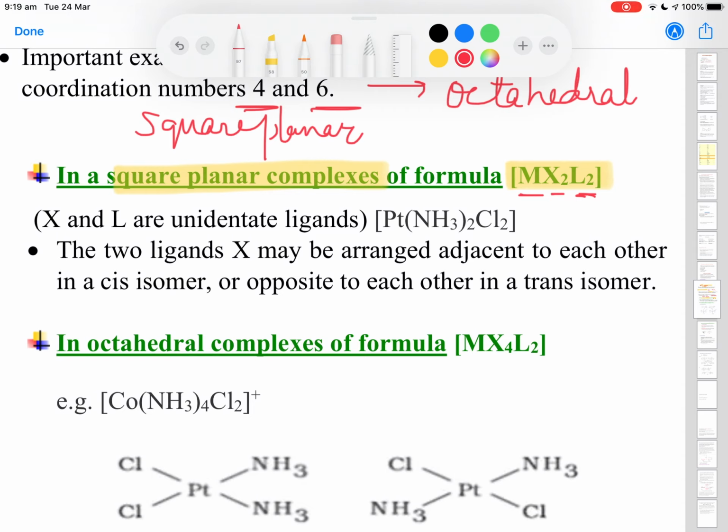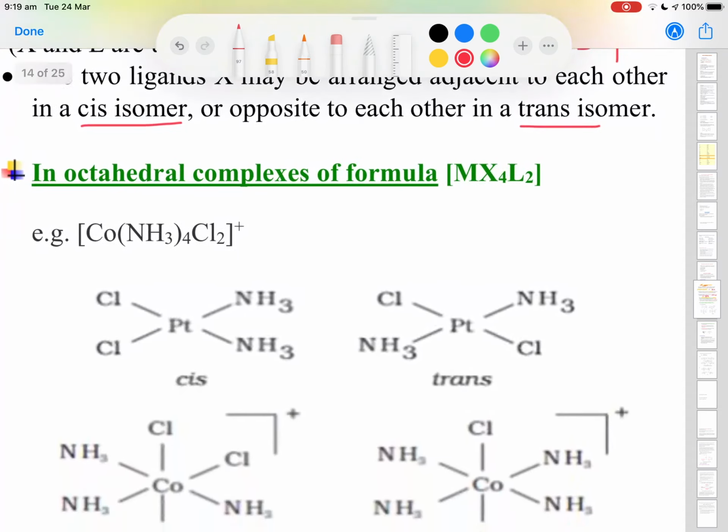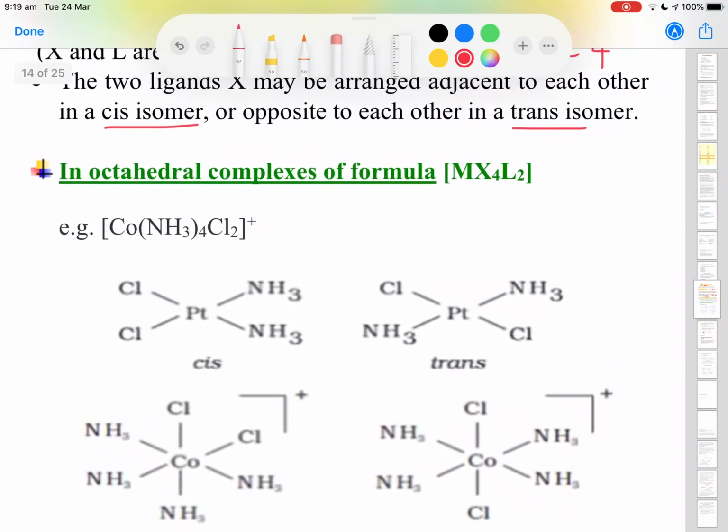As you can see here, the coordination number of such complexes would be 4, because in all there are 4 ligands, 2 of X type and 2 of L type. Now, the difference between cis and trans can be understood here very well.